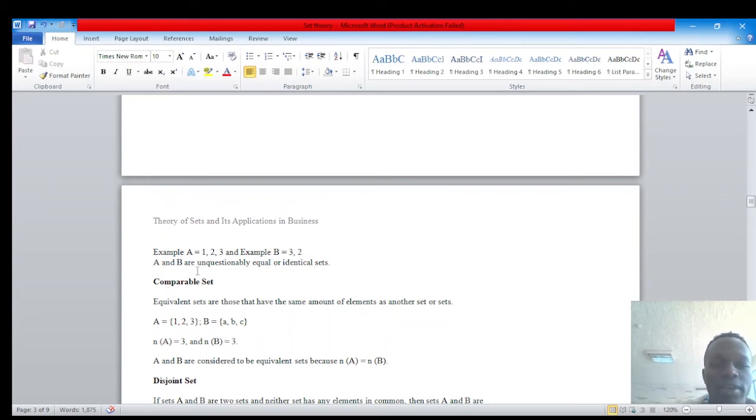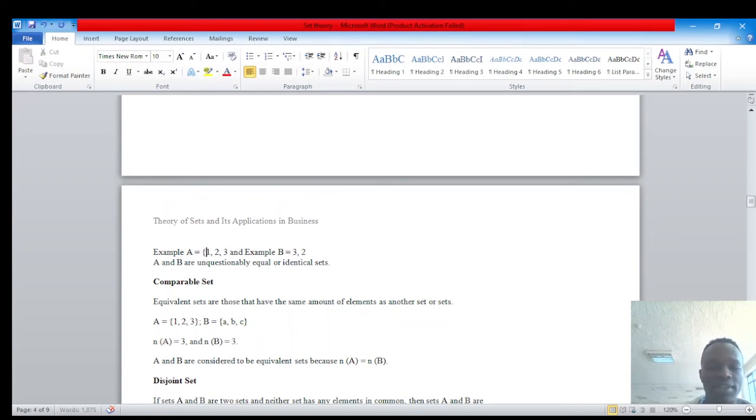So A and B are not equal or identical sets, because the elements in A are 3 and the elements in B are 2.